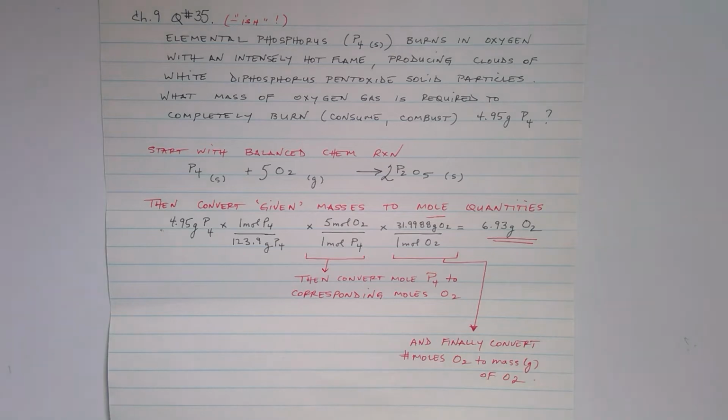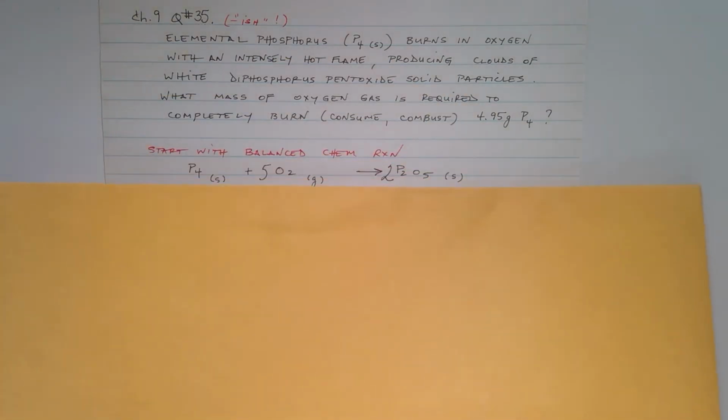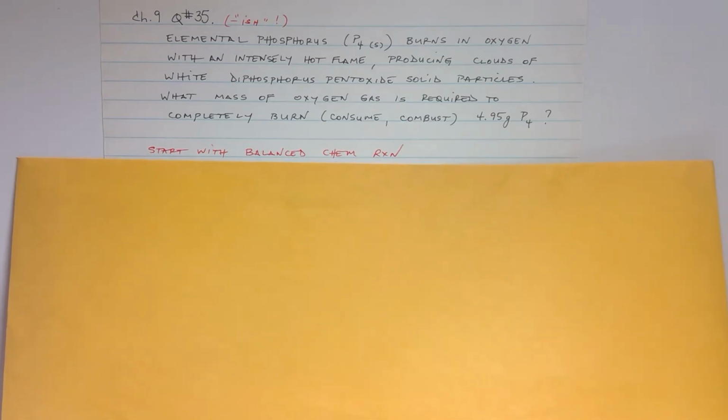And so you want to start with your balanced chemical reaction. I wouldn't give you this reaction, I think the book has. So you would be at this point answering it, say, in a test or exam situation, and so you want to read that description again.